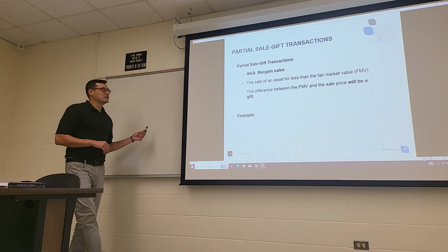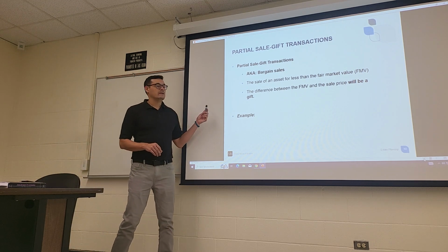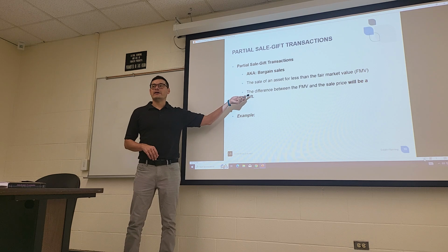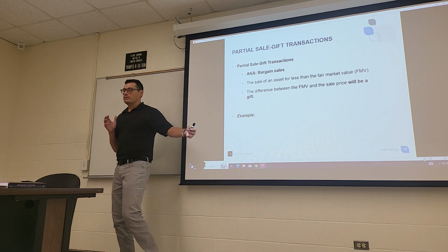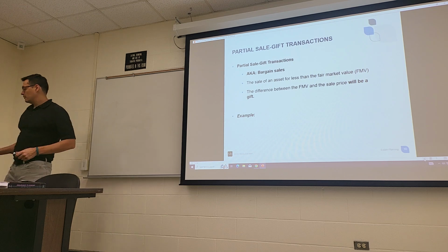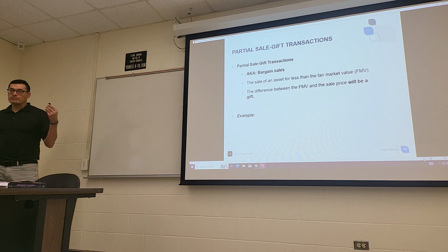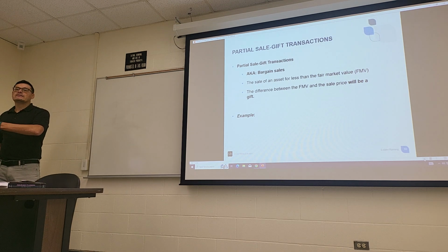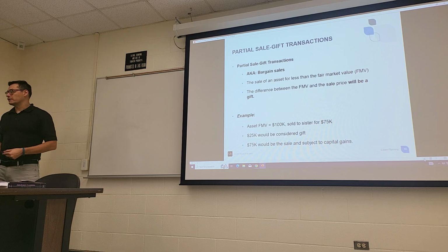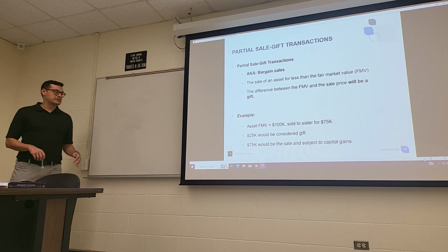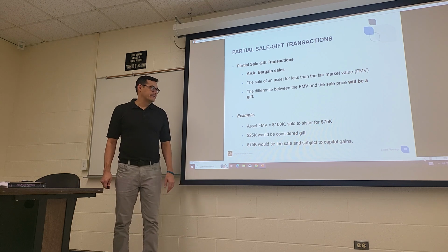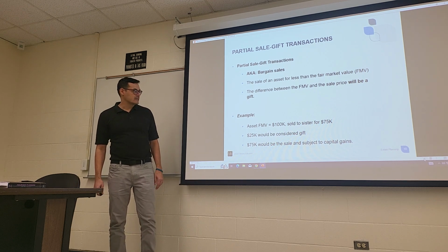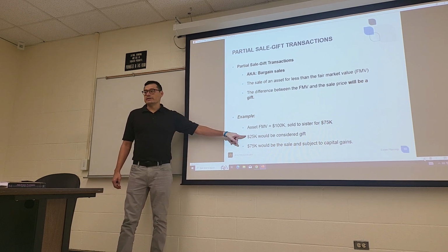Anytime you do a bargain sale, particularly to a family member, the difference between the fair market value and the price paid is going to be considered a gift. So this is an easy way to transfer assets at a cheap price, but you start to impact your gift tax accordingly. Somebody had an asset worth $100,000 and sold it to their sister for $75,000; the remaining $25,000 would be considered a gift.